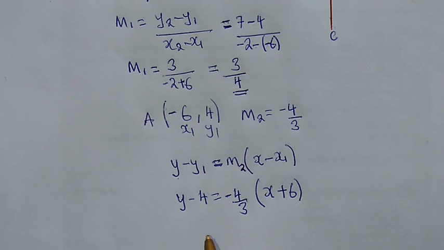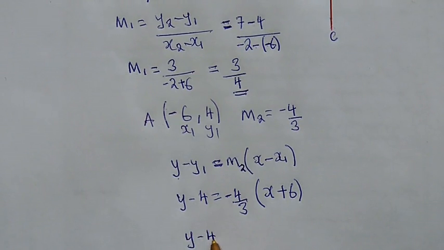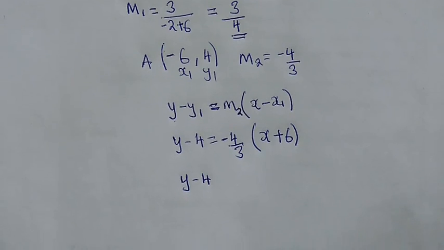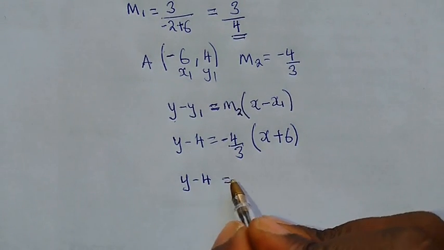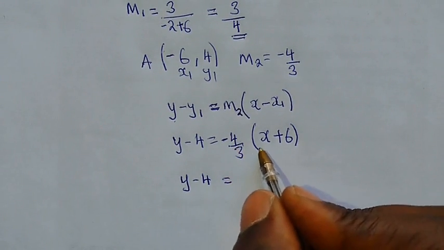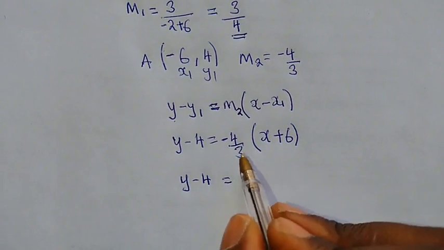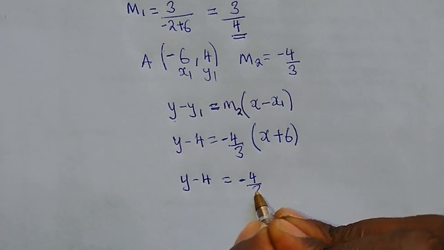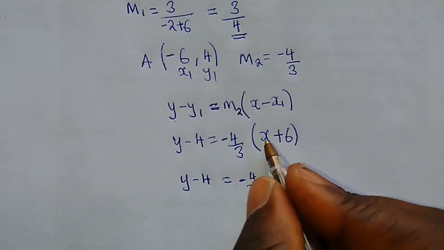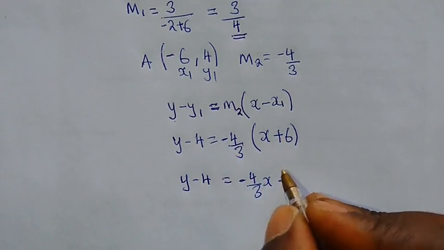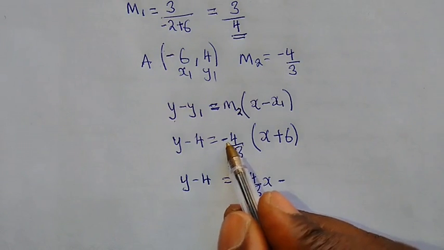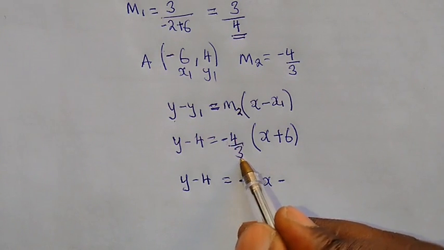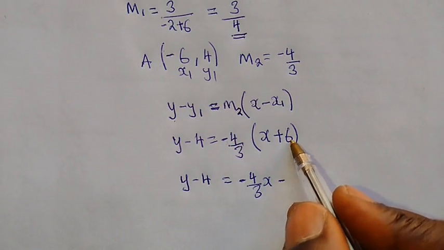Then from here, y minus 4 is equal to negative 4 over 3 times these terms. So negative 4 over 3 times x gives us negative 4 over 3x. Then negative 4 over 3 times 6, we have a 6 here.